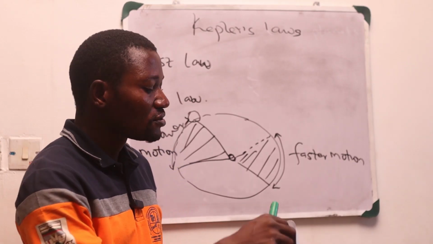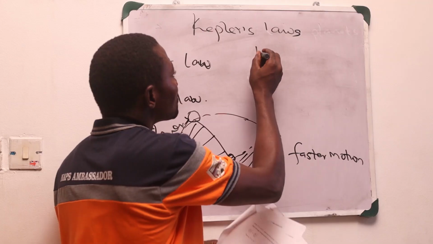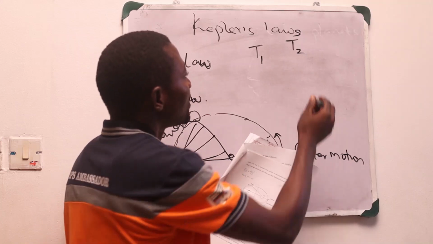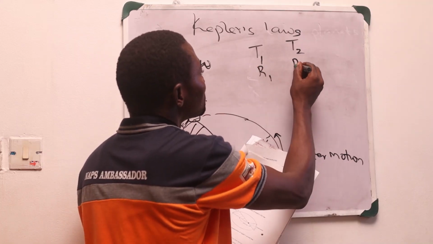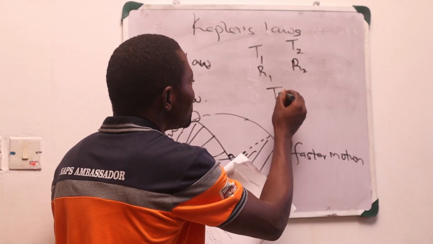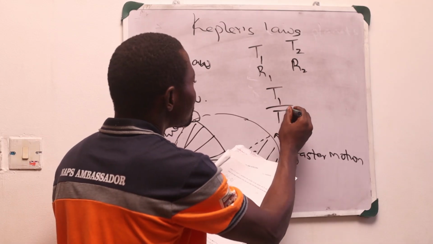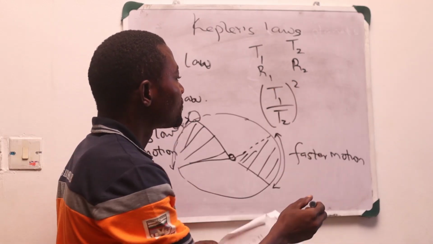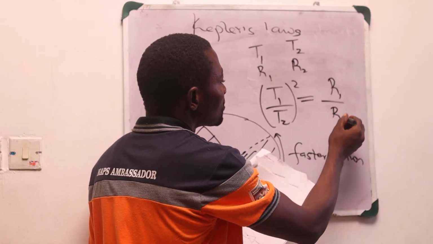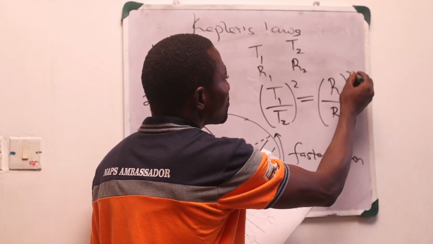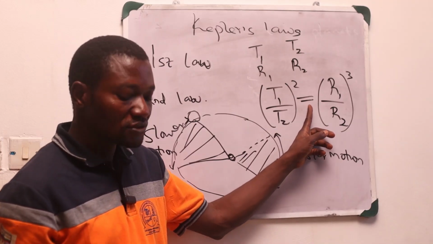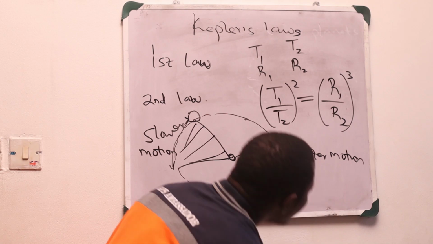If you have two planets moving at periods T1, T2, and at distances R1, R2, according to Kepler's third law, the ratio of the square of their periods is equal to the ratio of the cube of their distances. So this is Kepler's third law of planetary motion.